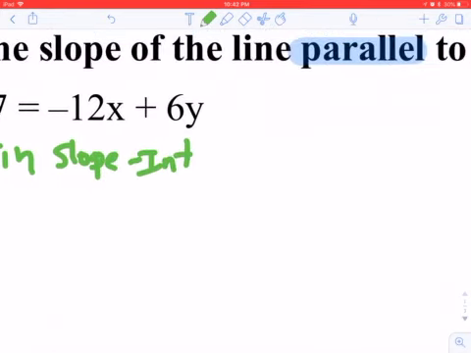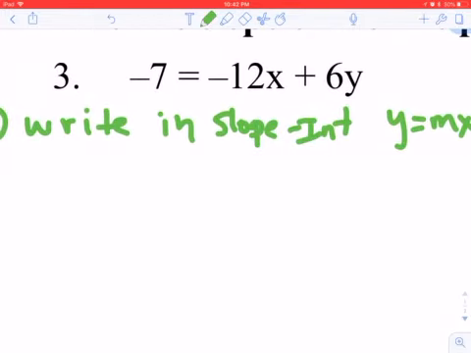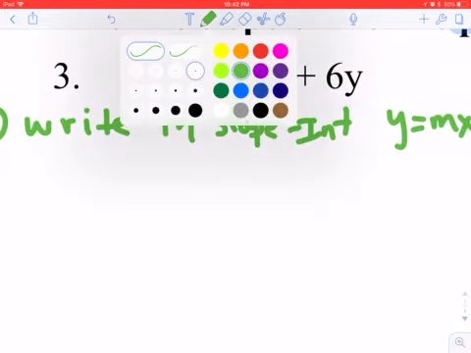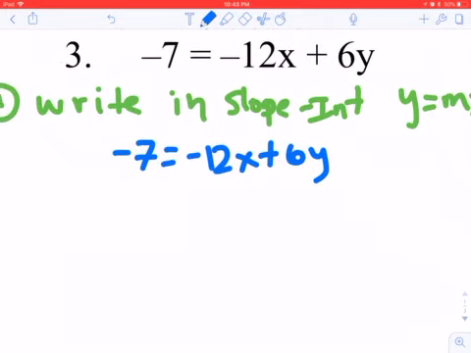Remember, the slope-intercept is y equals mx plus b. That's where the y is in front by itself. So essentially, I'm just solving for y. So negative 7 equals negative 12x plus 6y. I'm going to move the 12 over.